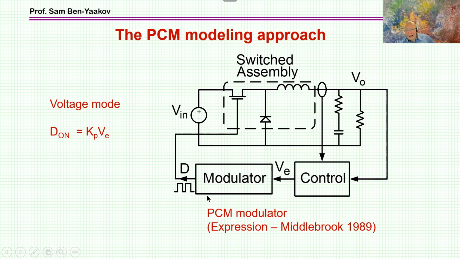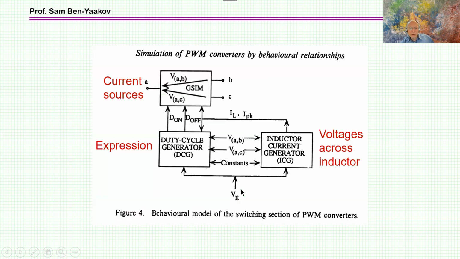So the question, how to model this thing? And again, you can take the expression of the transfer function, do small signal averaging, or some other means of getting the perturbation, small signal. You end up with many expressions that you have to add up. And we are going to leave this whole hard work to the simulator. And let's see what we're going to do.